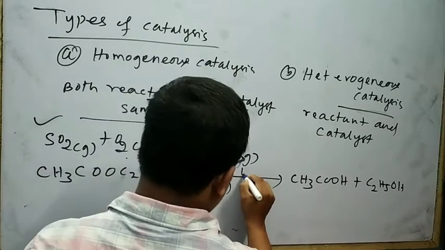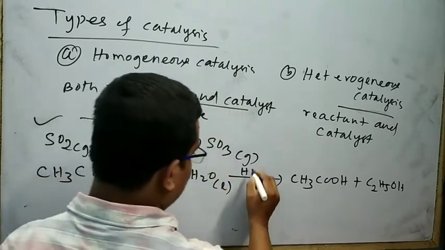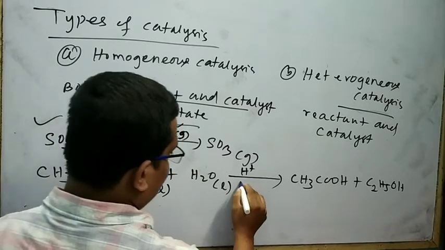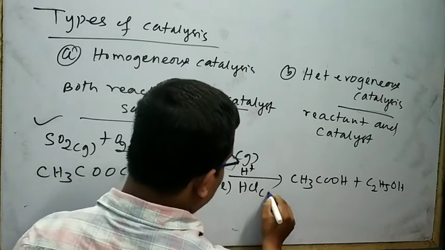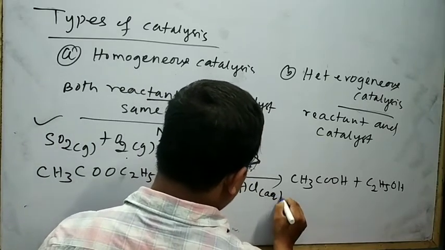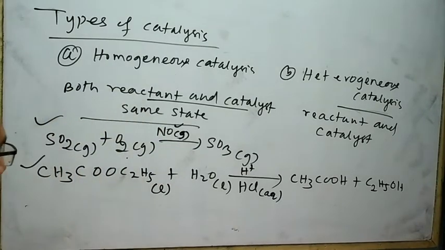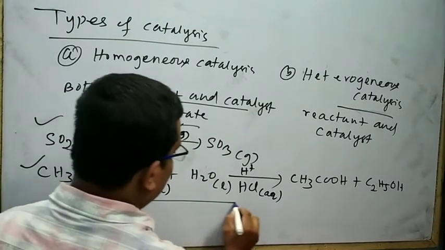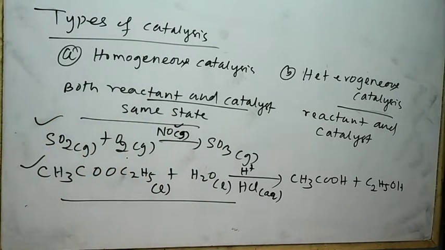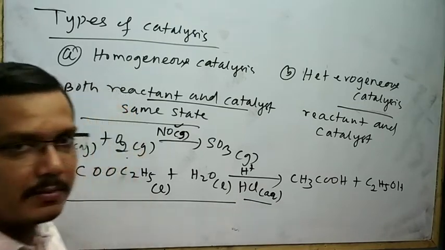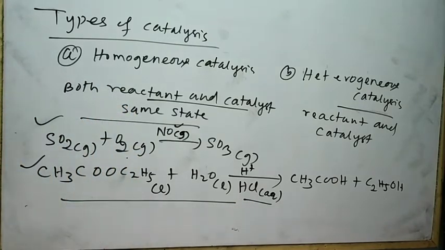An acid is used as a catalyst. Suppose this comes from an acid, that is HCl. It is present in the aqueous state. Look at that. In this case, the state of reactant and catalyst are same. So this reaction belongs to homogeneous catalysis.